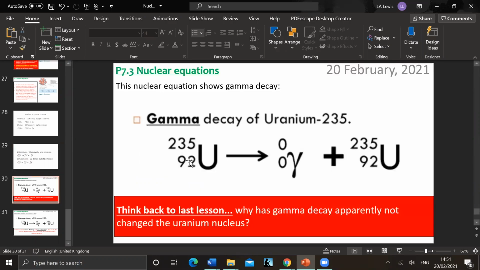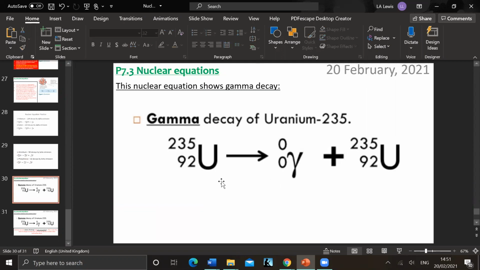The last one kind of catches people out, but it's the easiest one really: gamma decay. Gamma decay also looks like nothing's happened. You might not have seen the other video, but I'll talk about it now anyway.